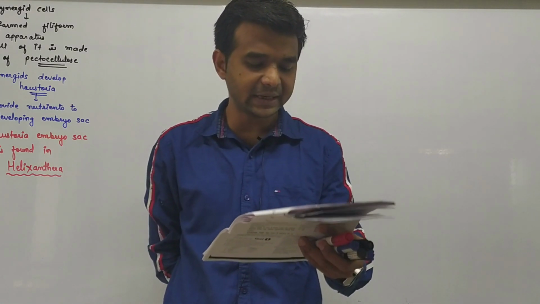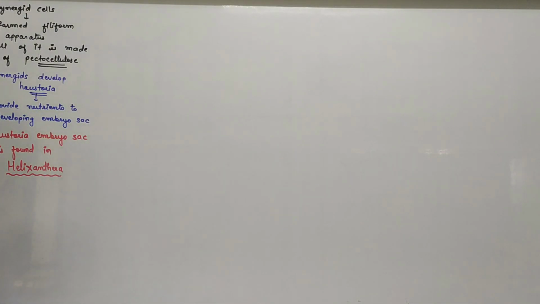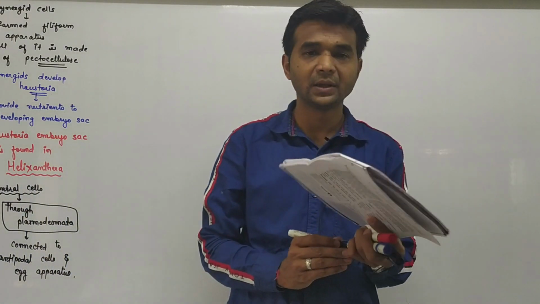This central cell is associated with the egg apparatus and antipodal cells through plasmodesmata.